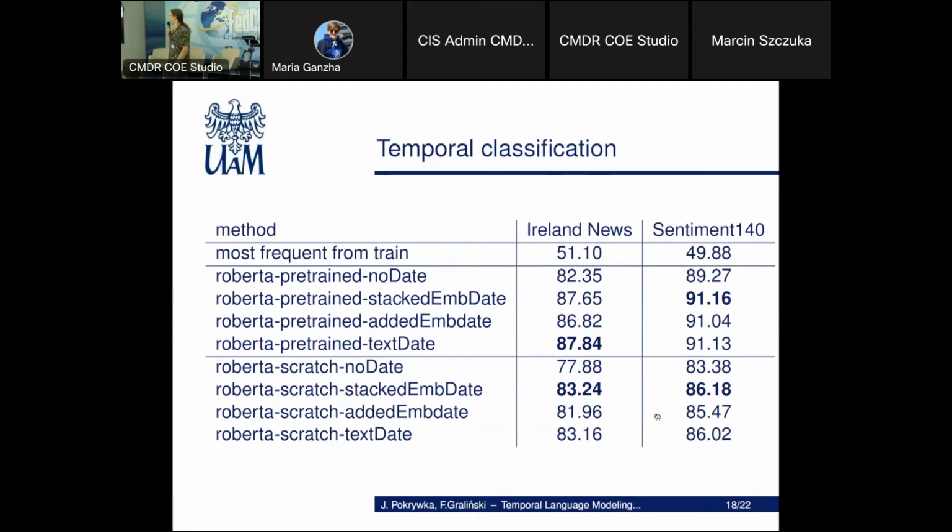It's a very slight difference. So we think that the best approach to incorporate the timestamp into the model is just not training some embedding layers, just prepending the date to the text.